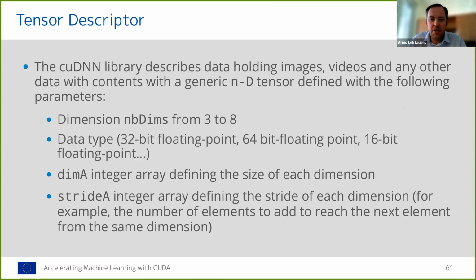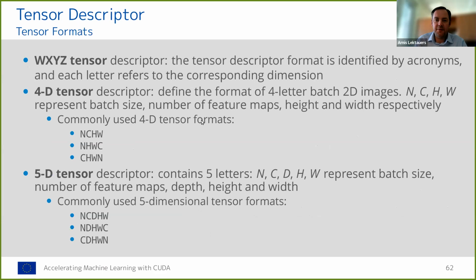cuDNN provides support for n-dimensional tensors, with dimensions up to 8, with additional parameters such as padding, stride, and so on, which are needed for work with deep neural networks. It is possible to use different storage formats for tensors there.